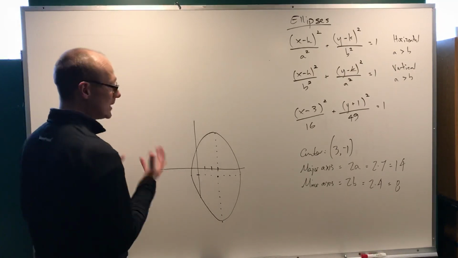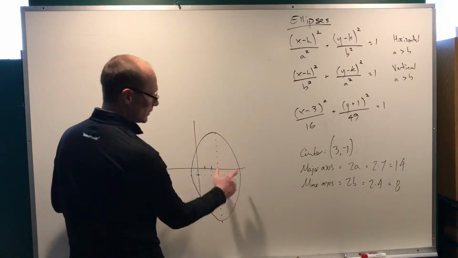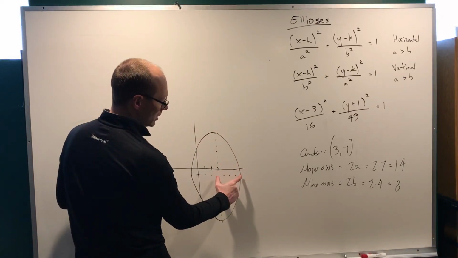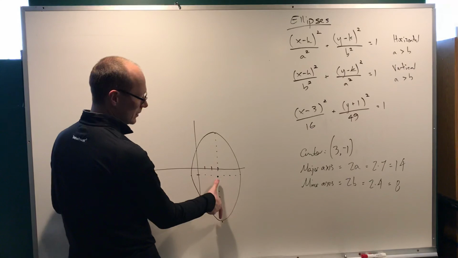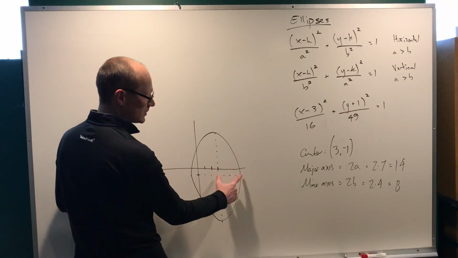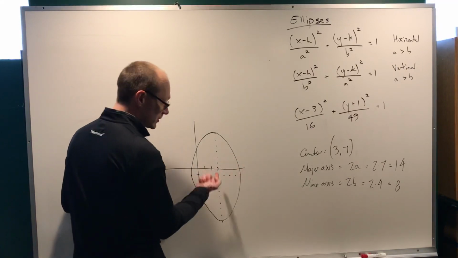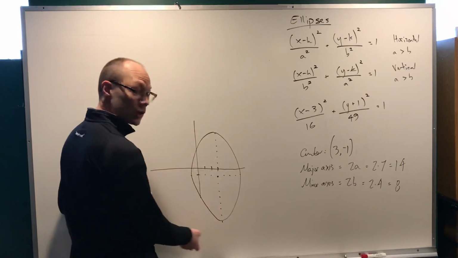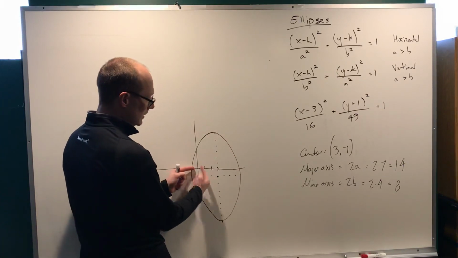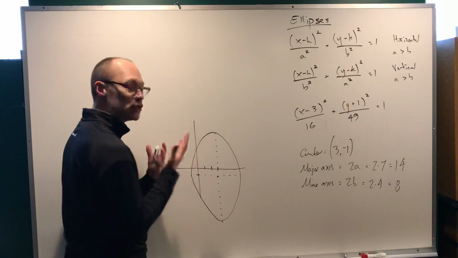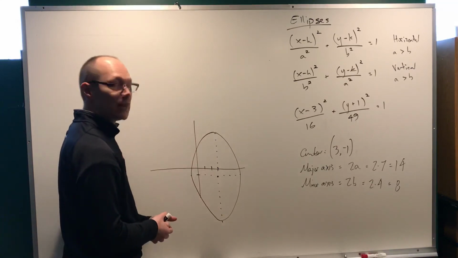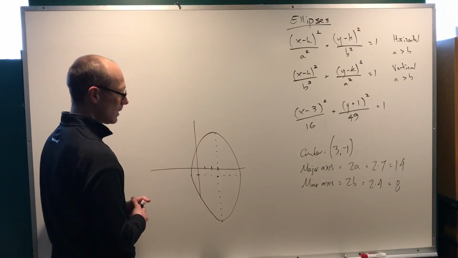So that means you could end up looking at a graph and saying, whoa, this is 4 this way and 7 this way. That means 16 goes with the x, 49 goes with the y, and this thing's been shifted over and down. You've got all the pieces you need to build the equation from the graph.